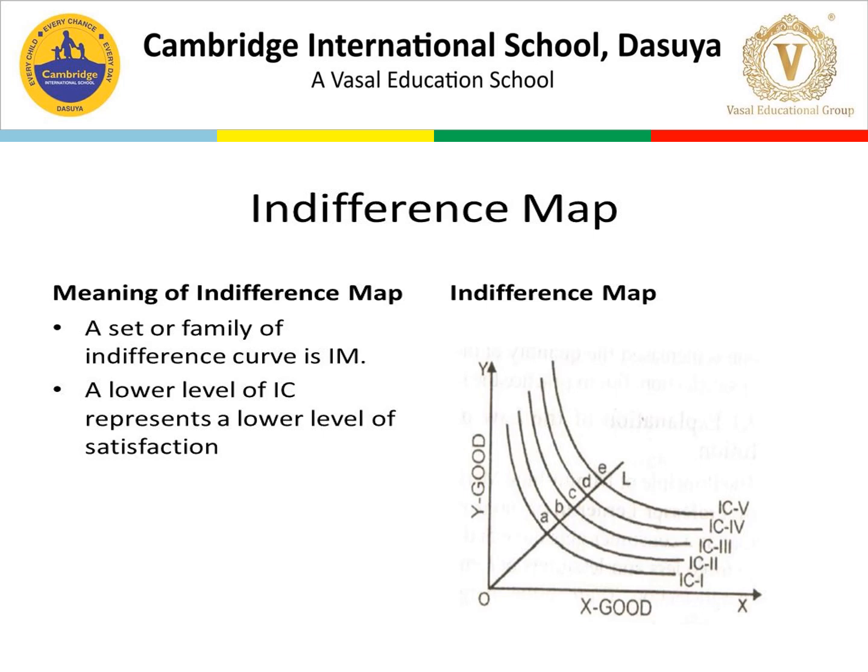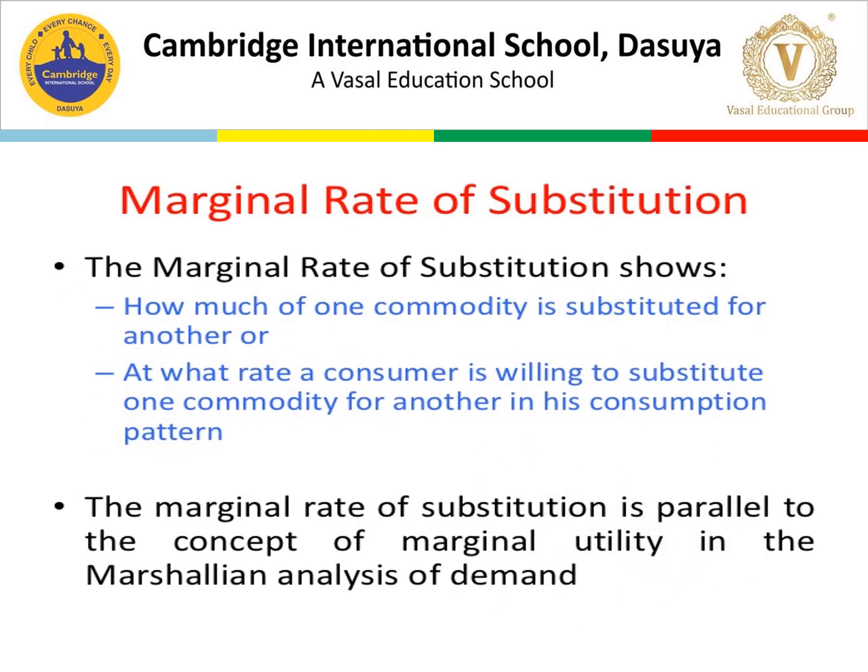The next topic for today is the marginal rate of substitution. This term we have already discussed, but here we are talking about the marginal rate of substitution of two commodities, bananas and apples. What is the marginal rate of substitution? It shows how much of one commodity is substituted for another.